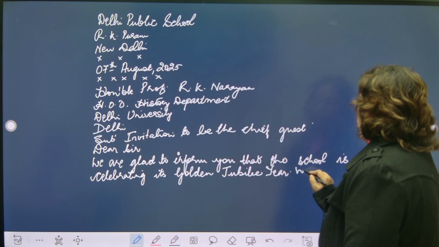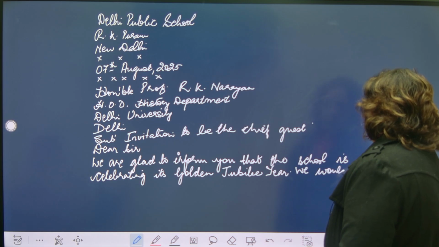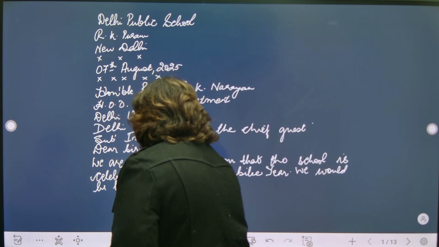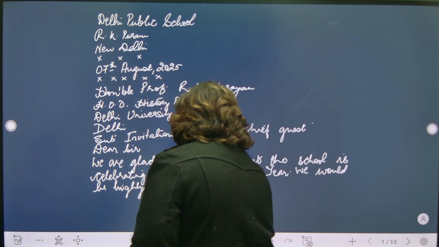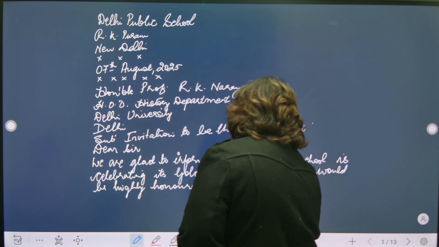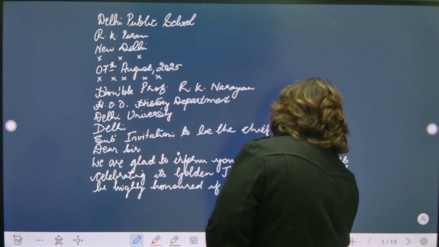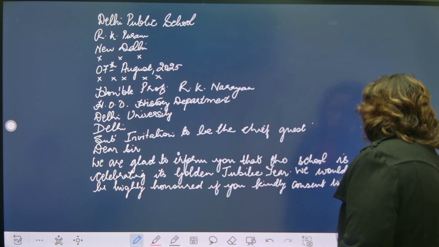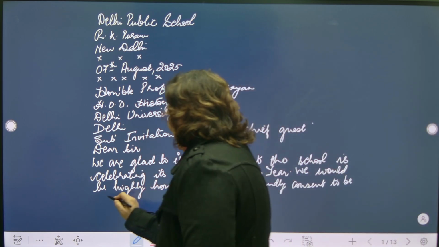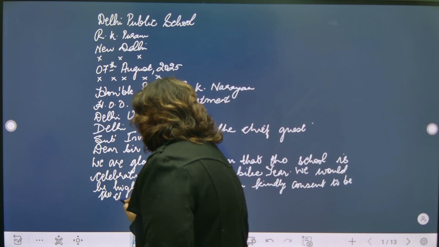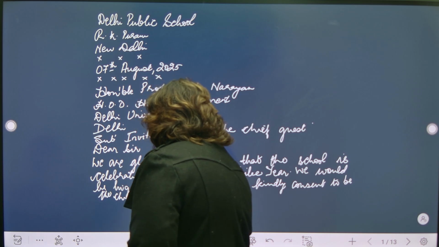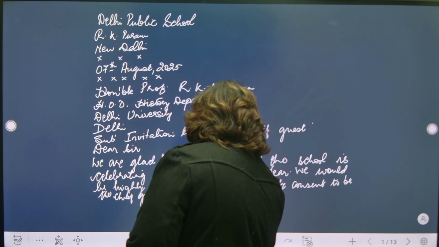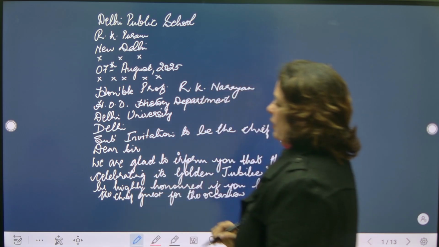We would be highly honored if you kindly consent to be the chief guest for the occasion. Fine.